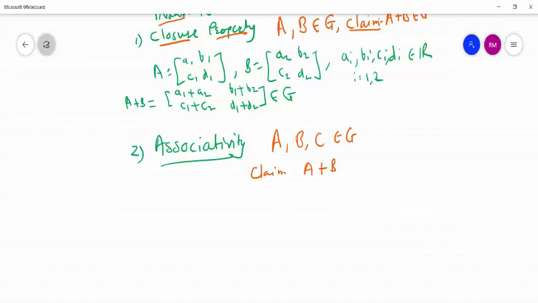Associative is described in this way. First do the addition of the first and second element, then to that we have to add the third element. That should be equal to A added to the bracket B plus C. First we add the second and third.